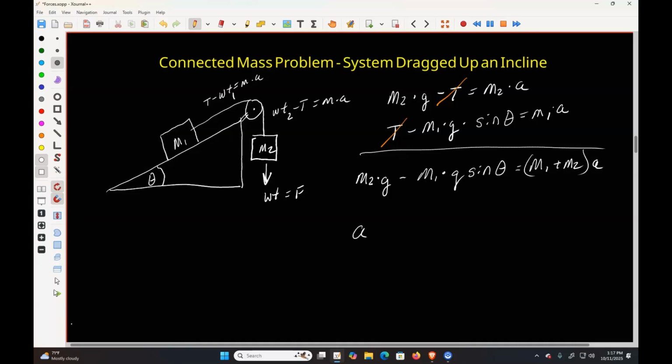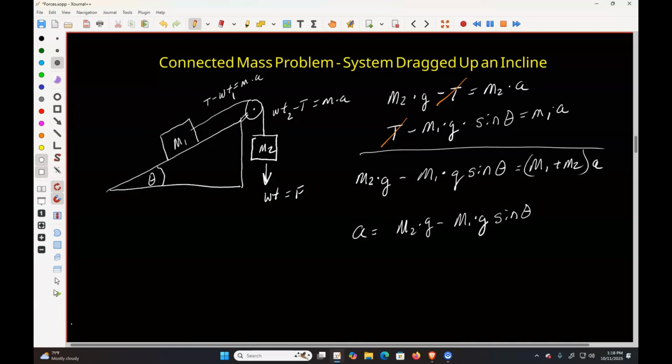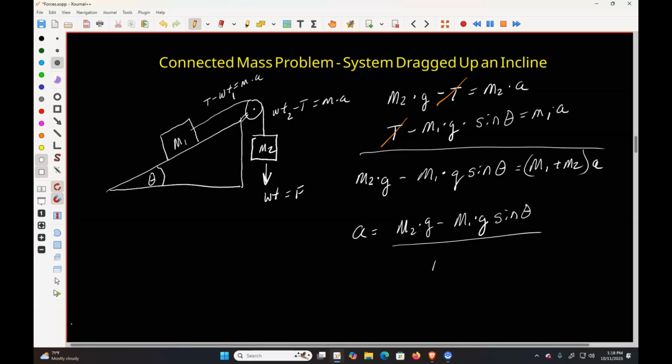So we can say then the acceleration is equal to mass 2 times gravity minus mass 1 times gravity sine theta over m1 plus m2.